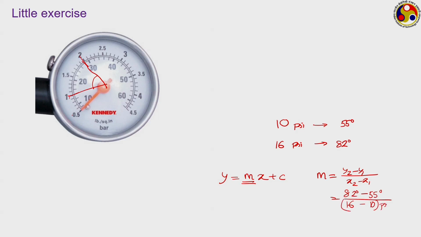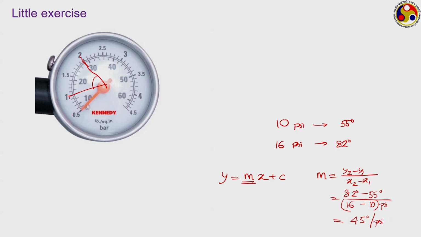Here both are in psi. If we calculate the value, we are going to get the resolution of this particular device to be 4.5 degree per psi. So this way we can calculate the resolution for any device. But what about c?